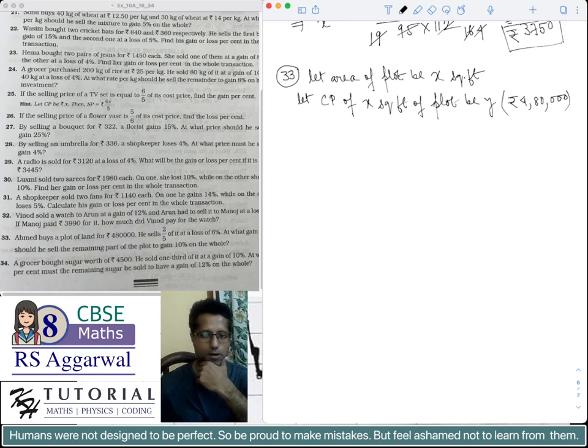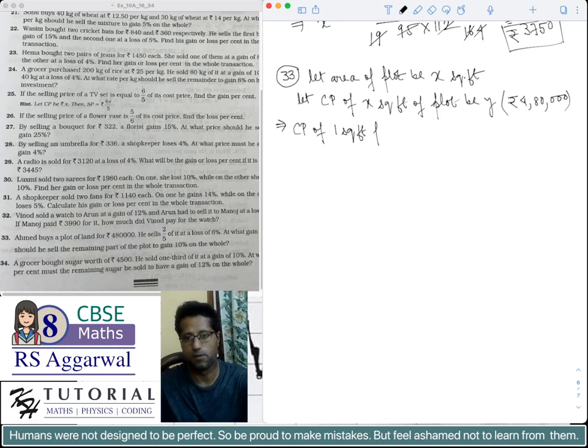Okay. Now he sells 2/5. So from here we can say that cost price of 1 square feet plot is equal to y by x.